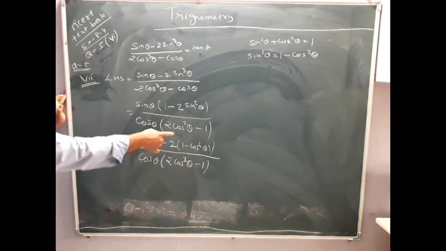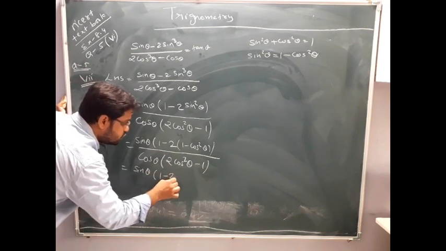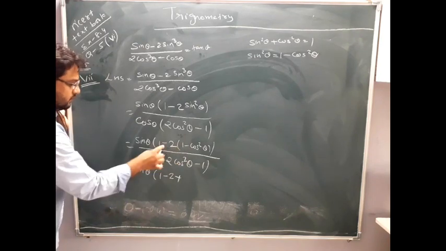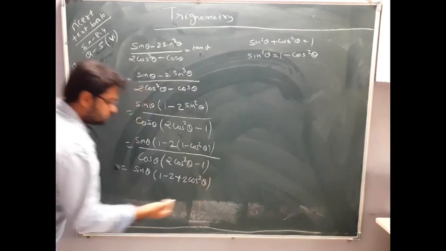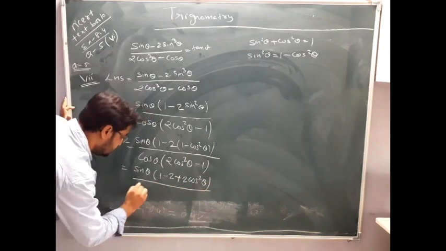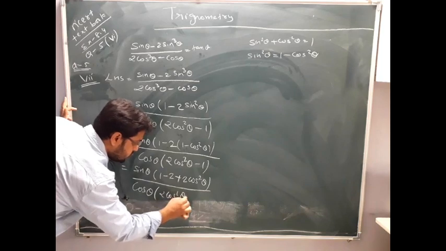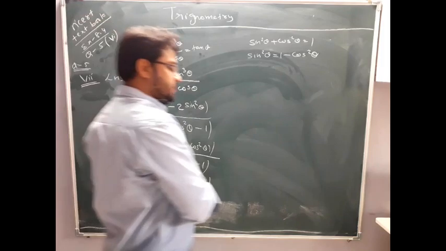Now multiply the bracket. So sin theta into 1 minus 2 ones are 2, minus minus plus 2 cos square theta. Cos theta into 2 cos square theta minus 1. Now see here.